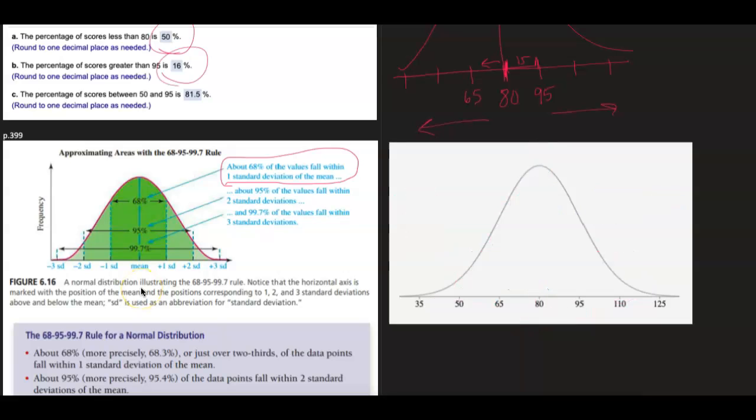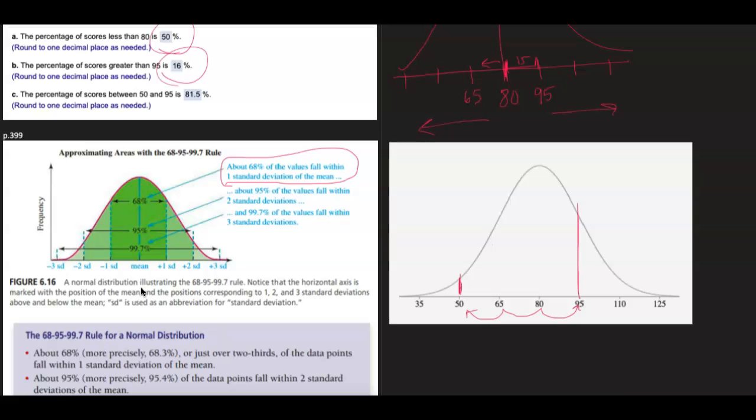The most complex of these questions is this last one. The reason why I would say it's a little bit more complex is that it uses two different standard deviations. It's using 50, which is, notice, 2 standard deviations below the mean, and it uses 95, which is 1 standard deviation above the mean.